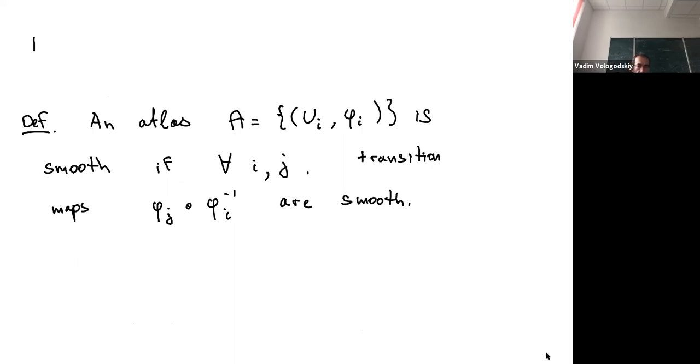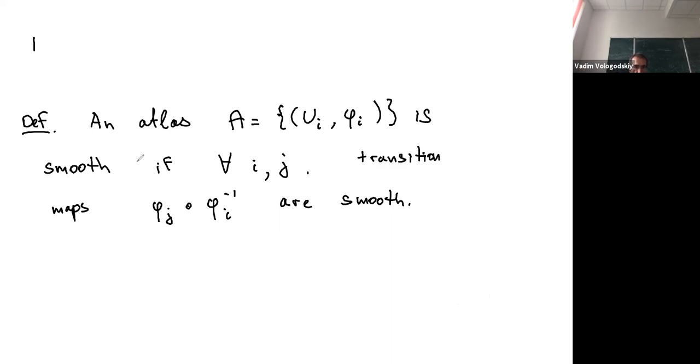In fact, this condition implies a posteriori that these maps are not only smooth but actually diffeomorphisms, because if you reverse the order and consider the pair ji, the transition map is going to be the inverse of this. So not only is this map smooth, but the inverse of this map is also smooth, which means they are diffeomorphisms.